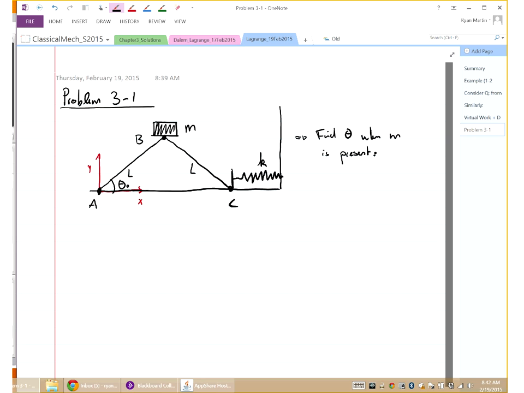So I encourage you to try this with Newton's second law, and I would guess it would take you pages. With the principle of virtual work, it's a little bit difficult to conceptualize when you don't have any practice, but then it's a three-liner.